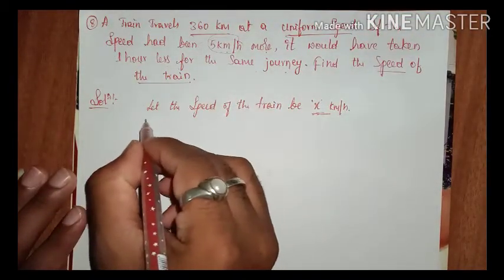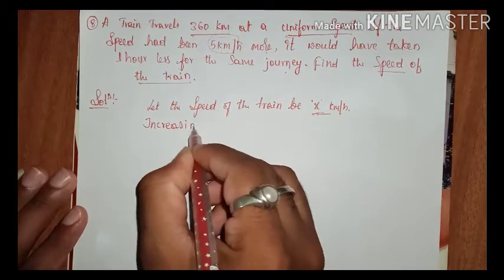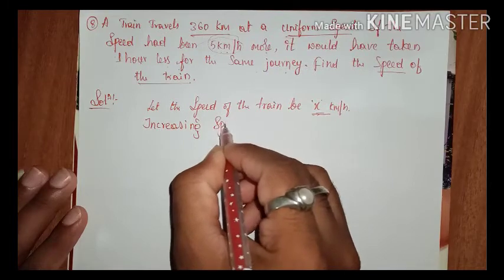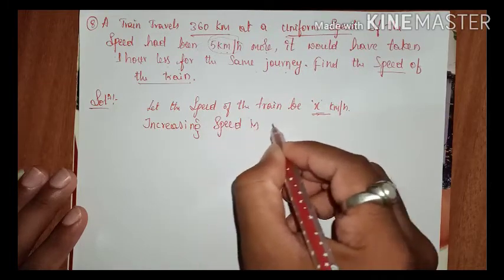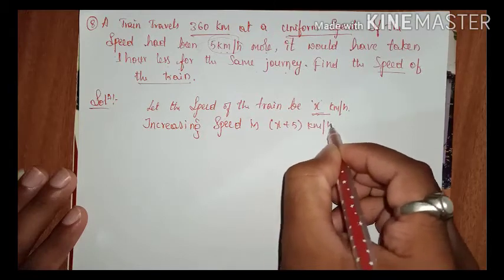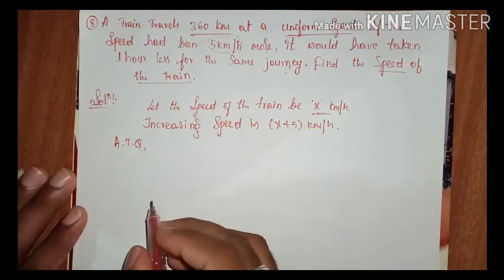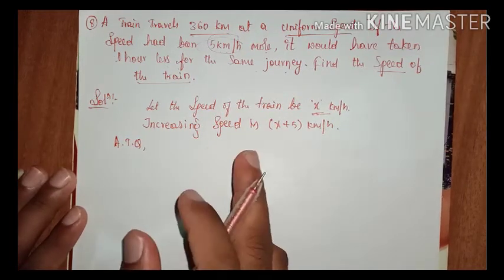So here, increasing speed is x plus 5 kilometers per hour. Now according to the question, so time difference.